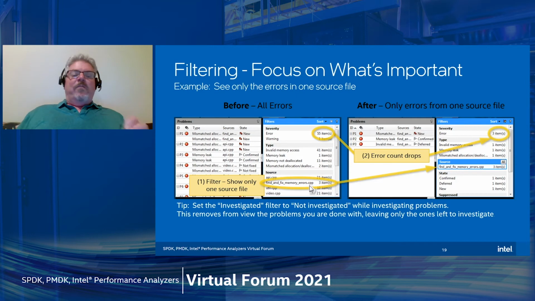One of the recommendations we have is for you to set the filter to be not investigated. So basically that way you would only be presented with issues that you haven't investigated yet. But you could also set it to be investigated. It just depends on the process your group is following.